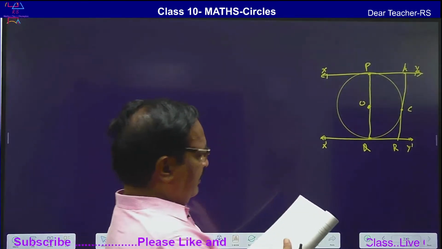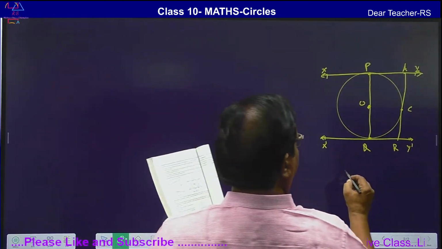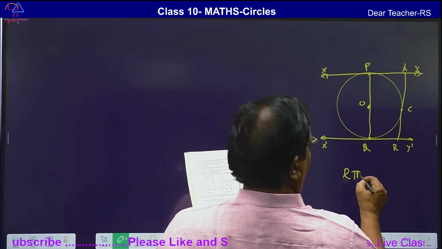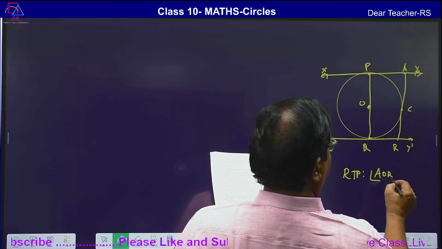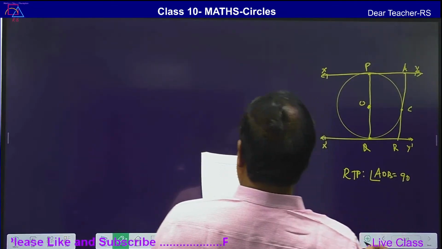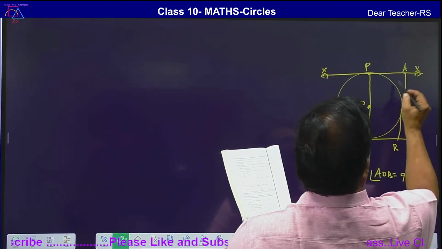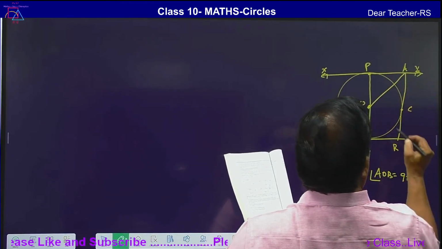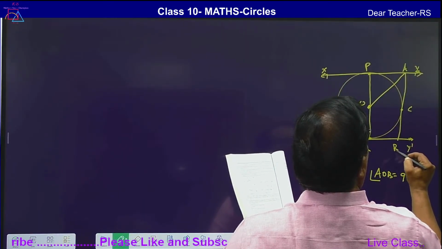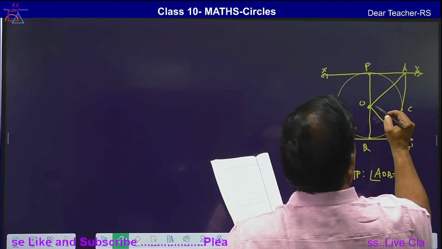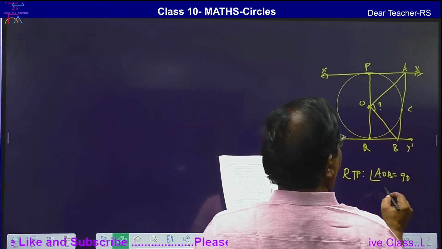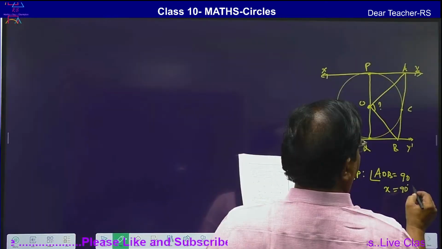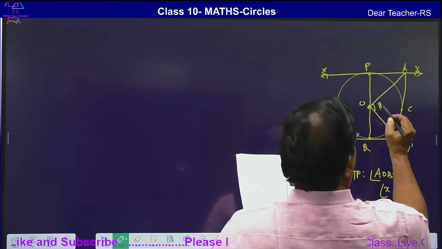Intersecting, and prove that angle AOB, RTP: angle AOB is equal to 90 degrees. So that means A is joined to O and this is joined, and you have to prove this angle is equal to 90 degrees.